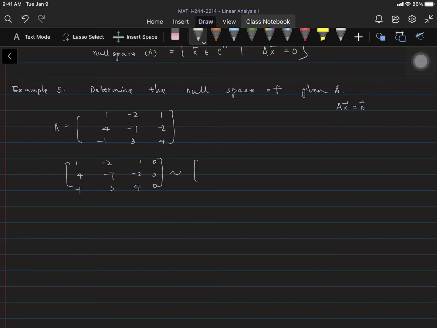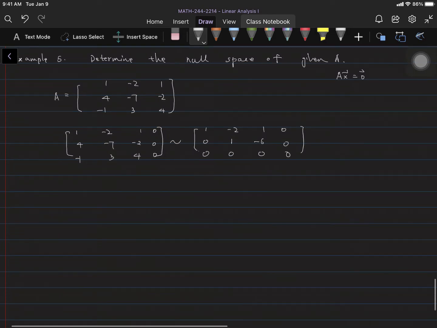I skip the row operation details. I just give this to you, and you should get something similar. For this matrix we are going to get a 0 row. From here, let's see how to write down the solution. x1 and x2 both have leading 1s, so the free variable is x3.